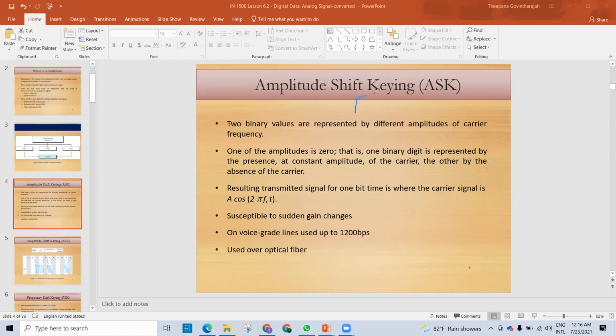Normally, if the binary data is transmitted in this form, this is 1 and this is 0. So this 0 is represented by one amplitude, and this 1 is represented by another constant amplitude. So these two binary values are represented by two different amplitudes.